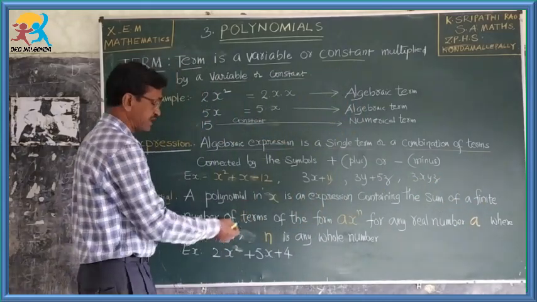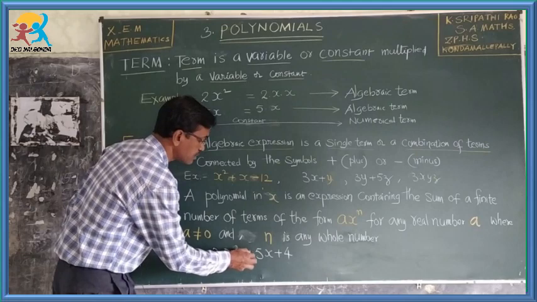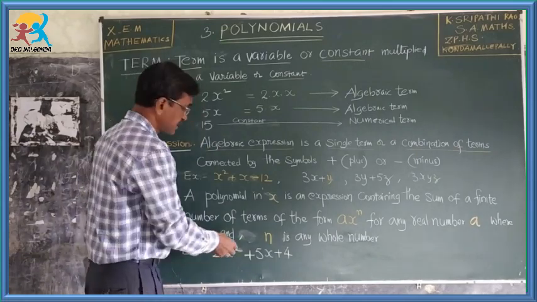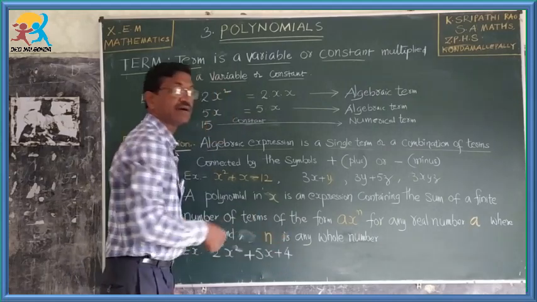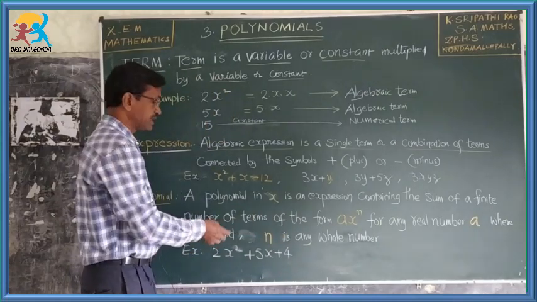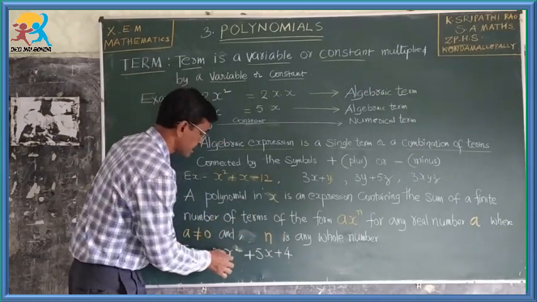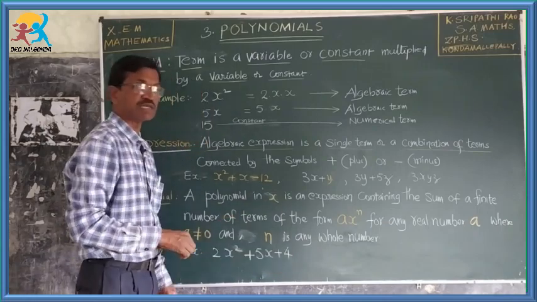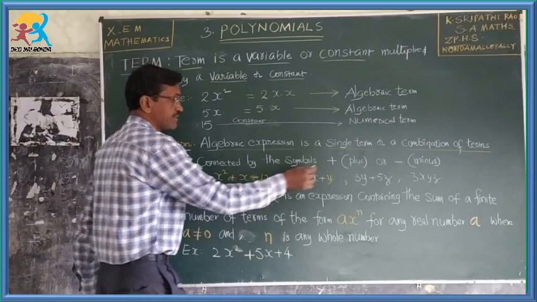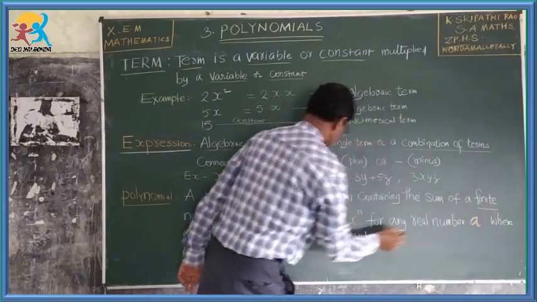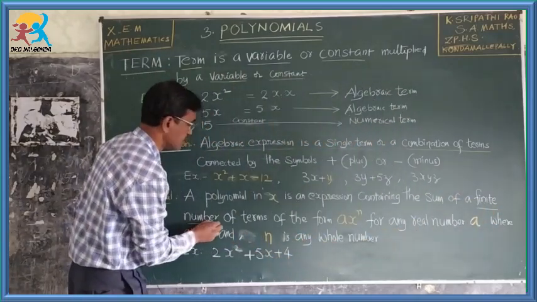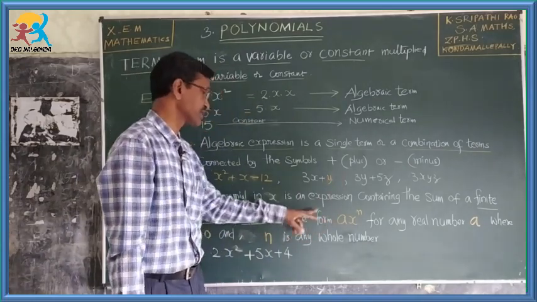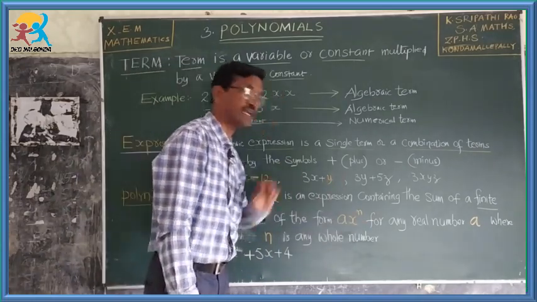Finite number of terms means we can count the terms. Here how many terms are there? 1, 2, 3. Three terms. So finite number means the terms should be countable, and the terms should be in the form of ax to the power of n.